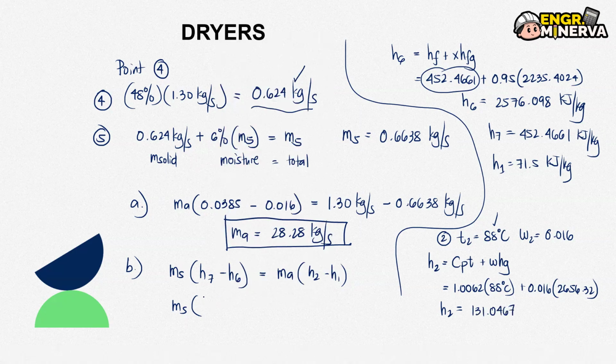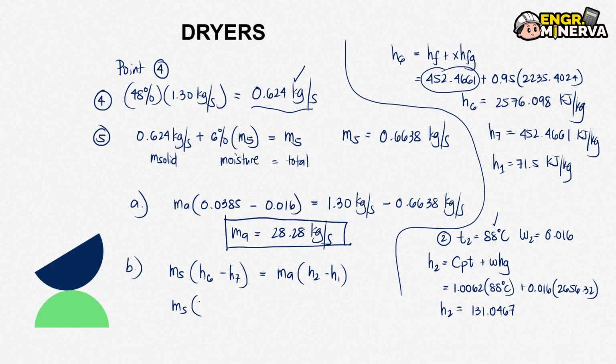Okay, so let's put it here. 452.4661 minus 2576, I think we should make it positive, that would be H6 minus H7.